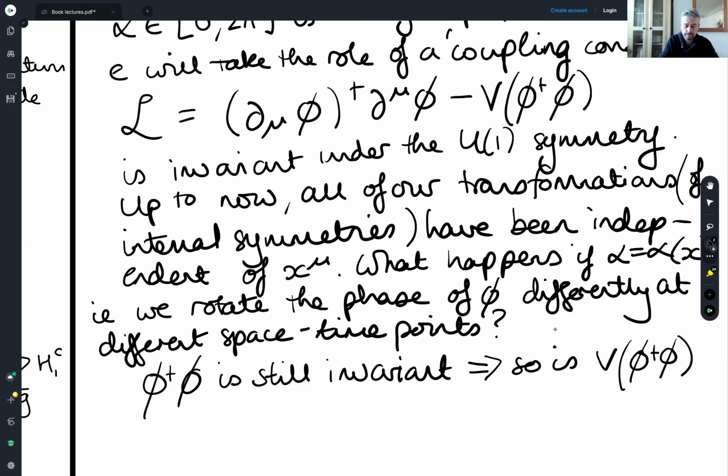But the problem we have is with this kinetic term, because now this d mu is going to hit the alpha, which depends on space-time, in the transformed field. So this first term here is the kinetic term.